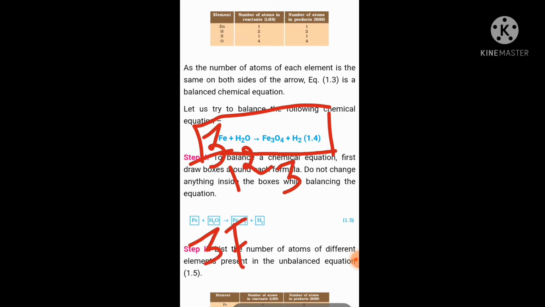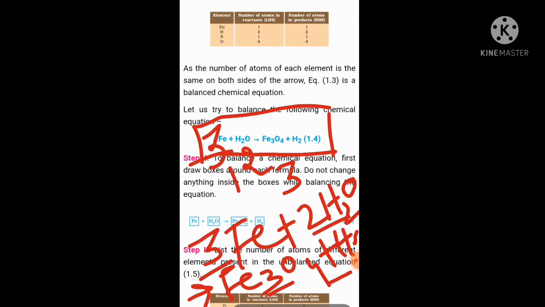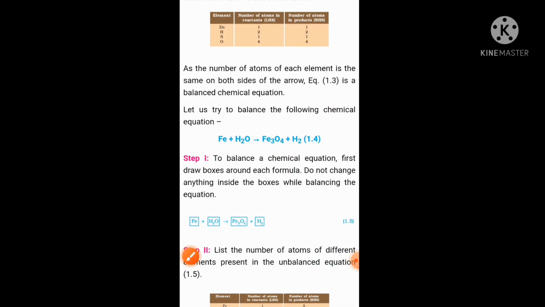Means 3Fe plus 2H2O will form Fe3O4 plus H2. Now you check once again. 3 iron, 3 iron, 4 hydrogen, 4 hydrogen, 2 oxygen, 2 oxygen, and here 4 oxygen.